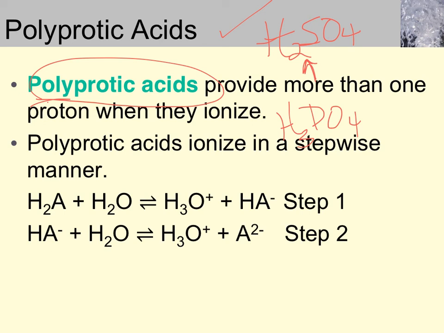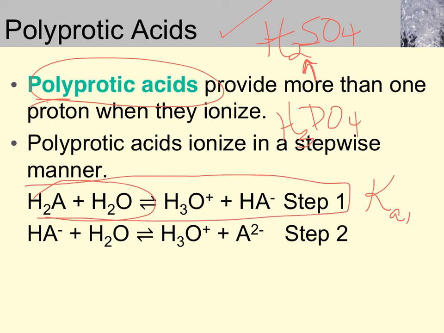That means simply that when you put them in water, they can potentially donate 2 or more protons or hydrogen ions. So this equilibrium expression is often called Ka1, and that means that this polyprotic acid has donated only one of its acidic hydrogens.